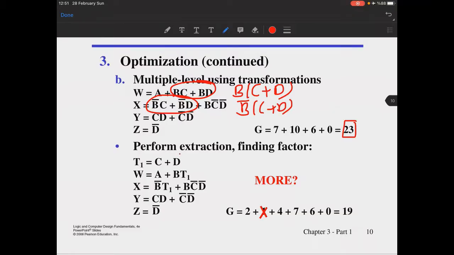So I will use CD as a common factor here and write it as T1. It will give me a different cost now. What would this cost be? Let's calculate. You need an extra output, or let's say a middle output, in the middle layer.